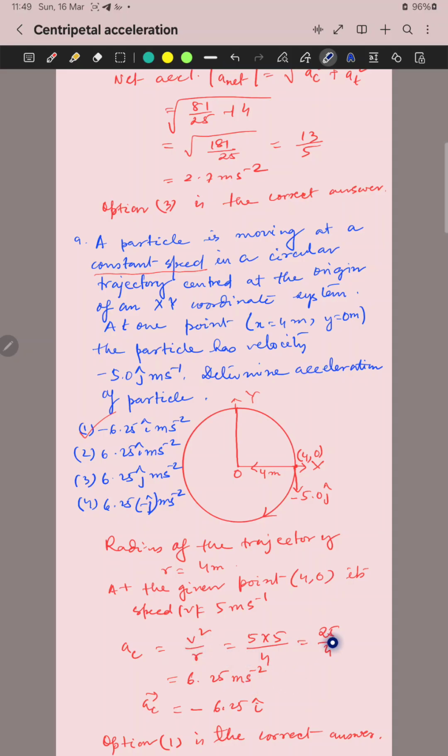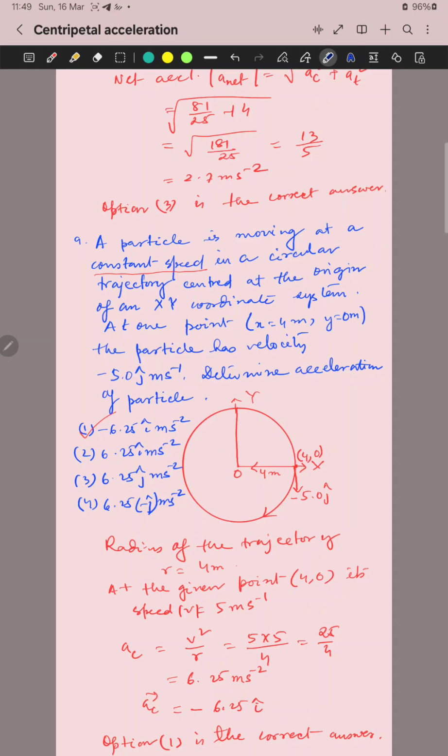Now for the acceleration magnitude, we substitute v equals to 5 in the equation v square by r, and get 25 by 4. The result is 6.25 meter per second square. So therefore in the vectorial form we can write it as negative of 6.25 i cap.